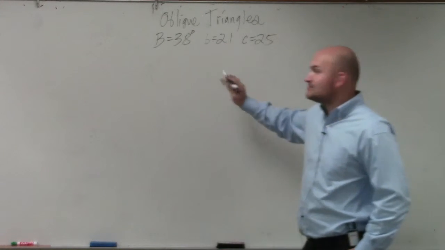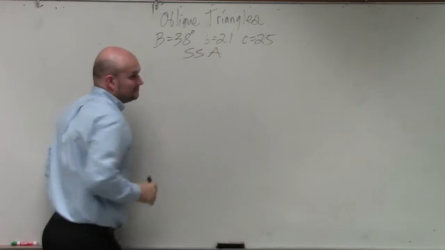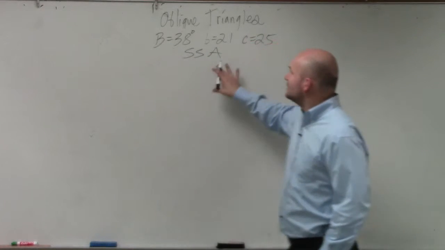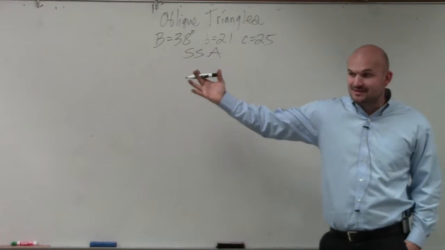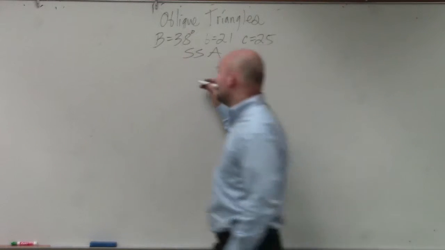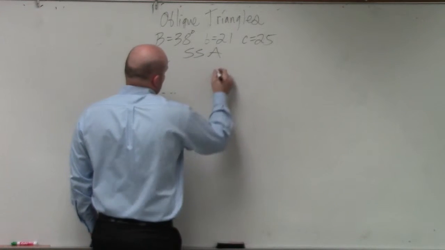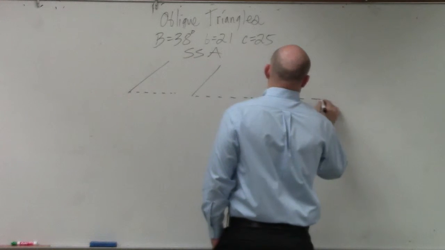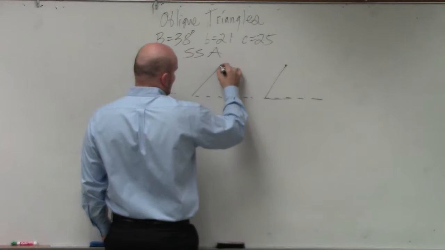So if you guys notice with this triangle, do you see how this is a side-side-angle? Or angle-side-side. This causes our ambiguous case. And what I mentioned was, whenever you have this, the reason why is because if you look at this triangle here, let's pretend I have a side length.